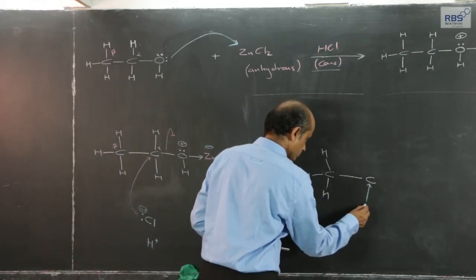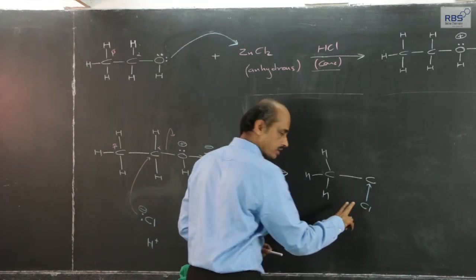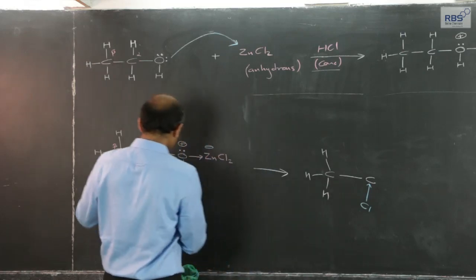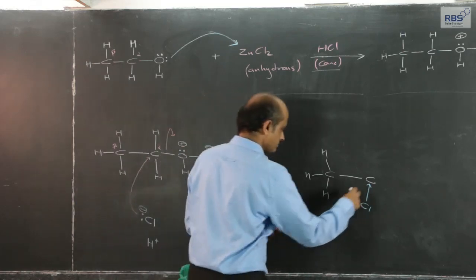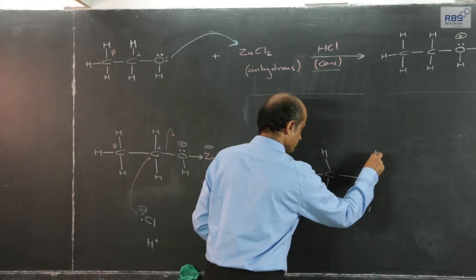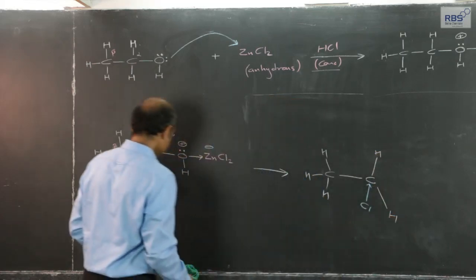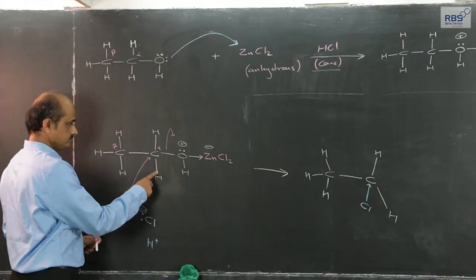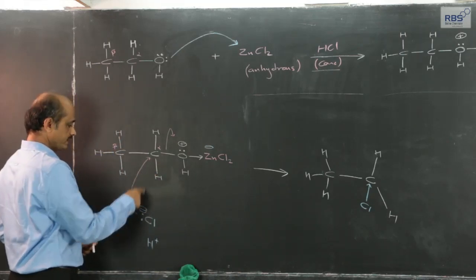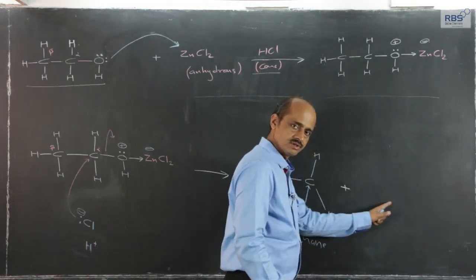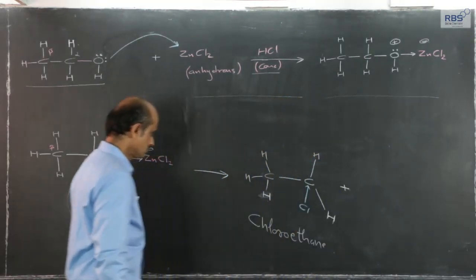I will use an arrow. At that moment, the lone pair of chlorine and the orbital of carbon, these two hydrogen atoms are there. These two hydrogen atoms, one chlorine atom. Let me again repeat.